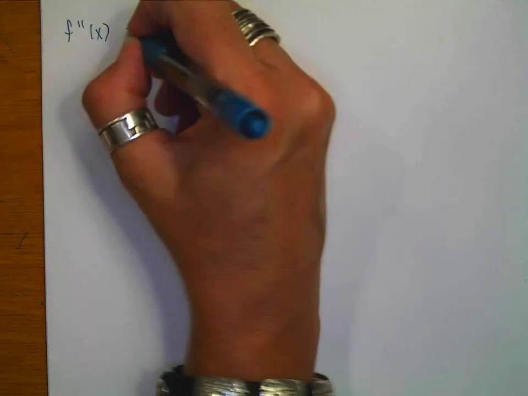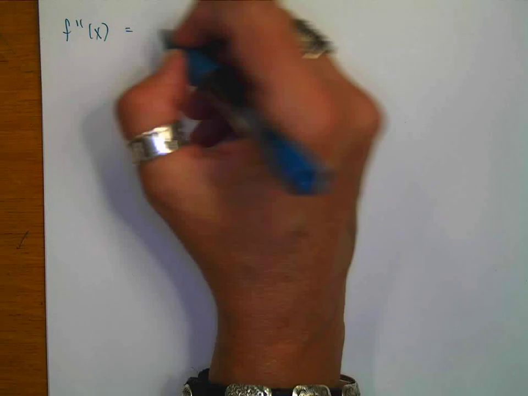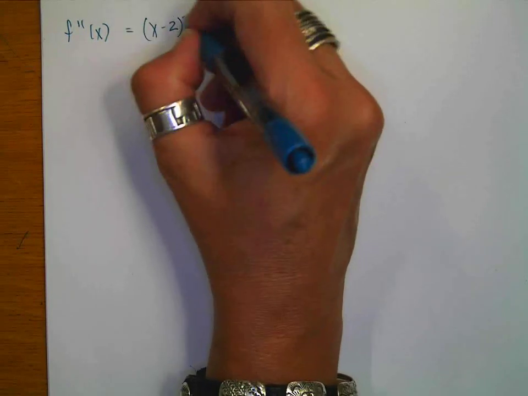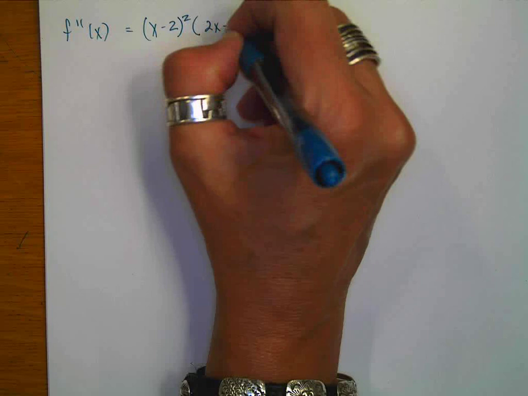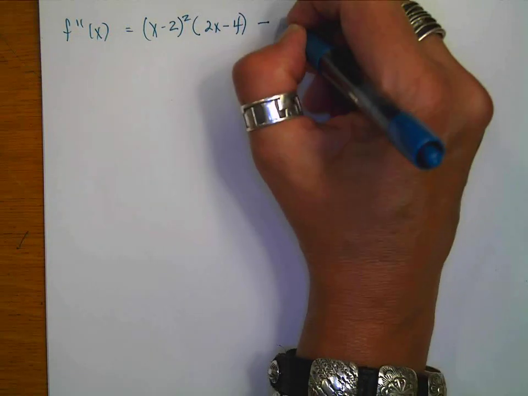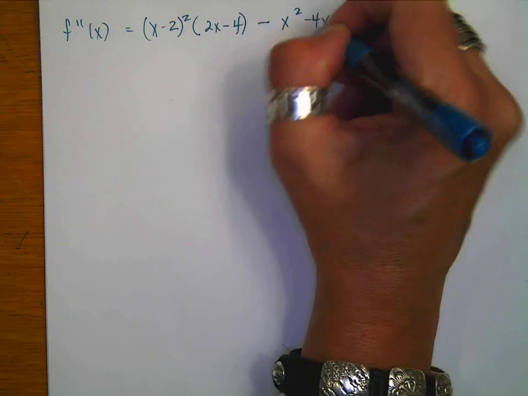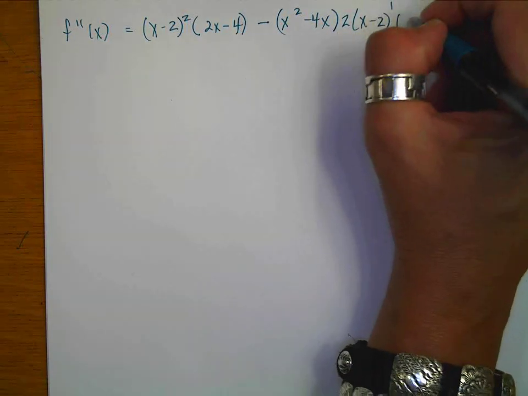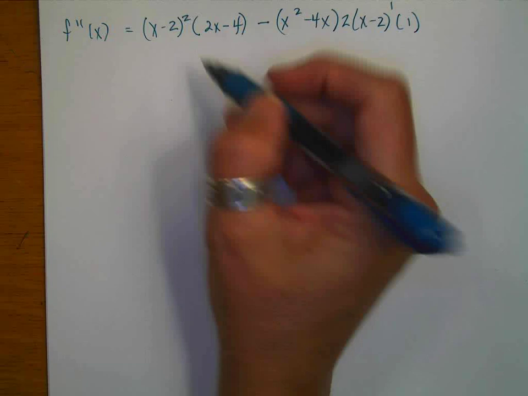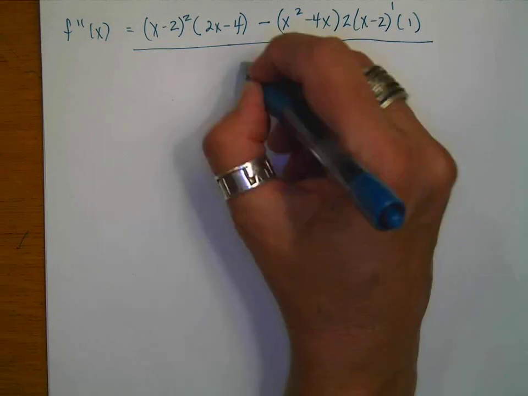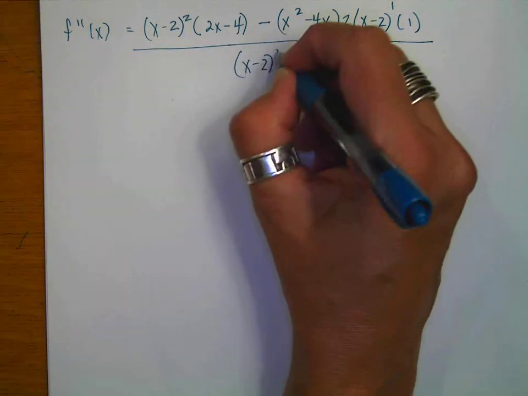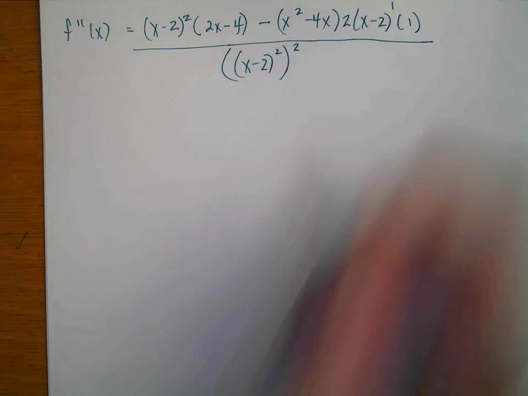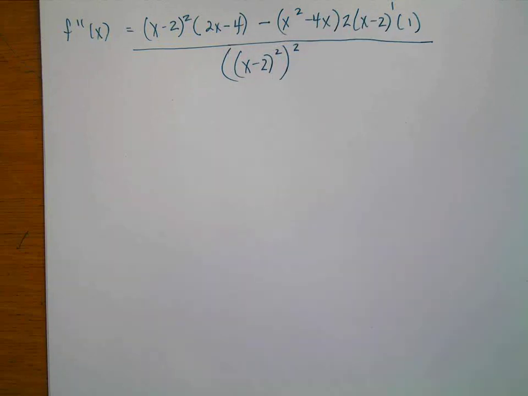And now I'm going to take the second derivative, and again I have to do the quotient rule. So it's low times the derivative of the high minus high times the derivative of the low, which is the chain rule to the first, times the derivative of the inside, over x minus 2 squared squared, okay?